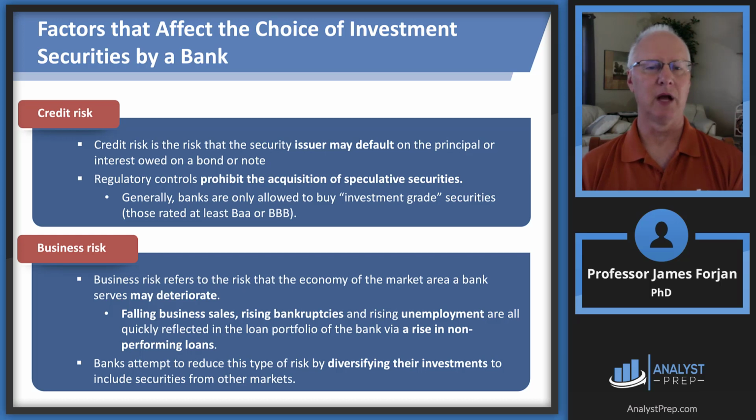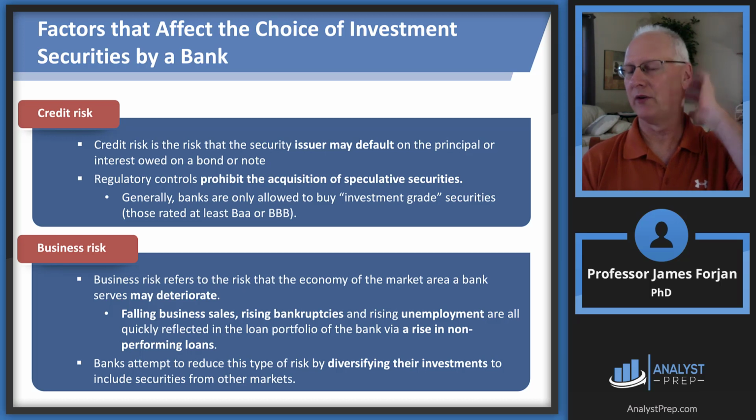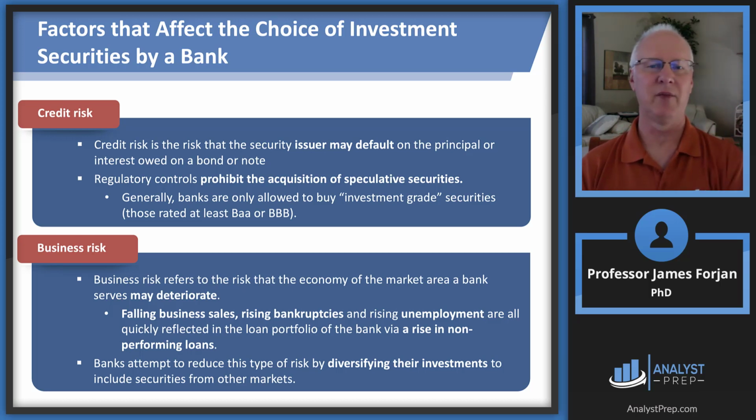Look at that second bullet point there. Regulatory controls prohibit the acquisition of speculative securities. This is what I was saying earlier: a lot of pension funds and financial institutions have boards of directors that say, you know what, a C-rated bond might be a great company, might be on the way back, but call us if it ever hits a BBB rating.